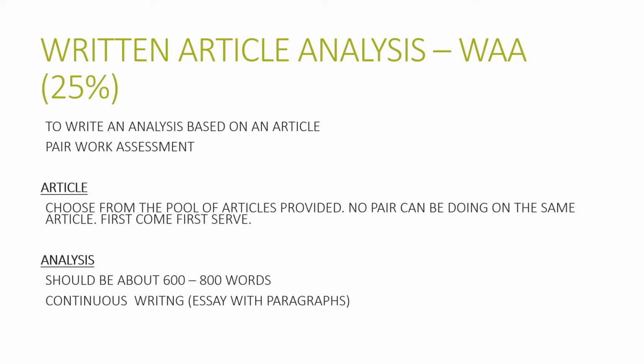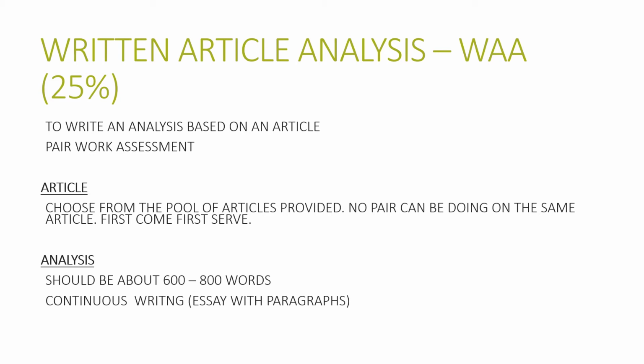It should be in continuous writing. There should not be any bullet forms or point forms. It's like writing your essay. There should be an introduction, talking a little about the article you have chosen, before you move on to the content where you do your analysis. Then you have a very small conclusion, and that's all.